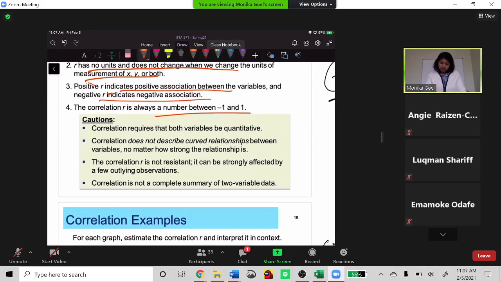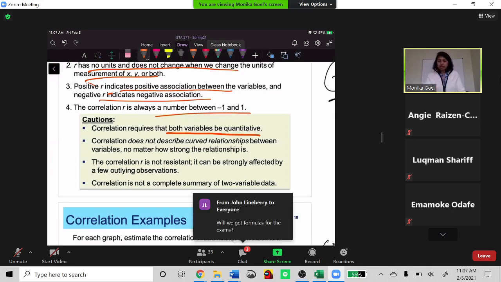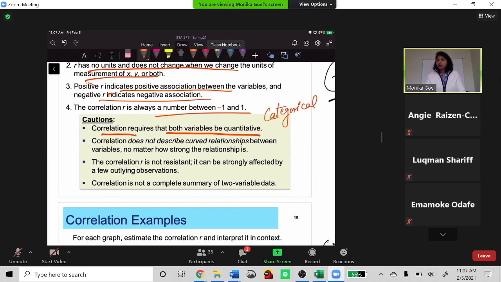And these are the points that we just discussed. Correlation is used when both variables are numerical or quantitative. If they are not quantitative, we cannot talk about correlation. That means we are talking about categorical variables. You can make a scatter plot with categorical variables, but it will not tell you any relationship between those two variables.